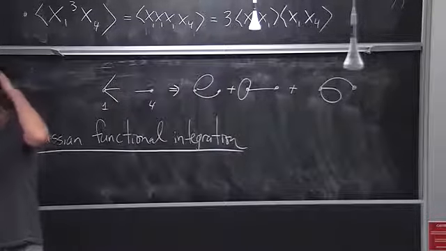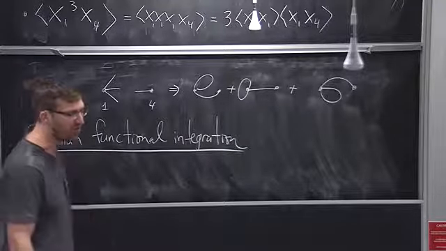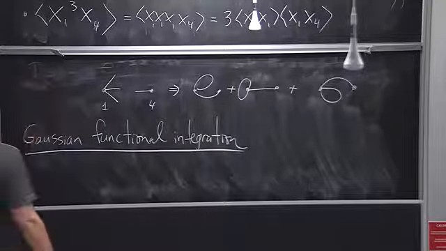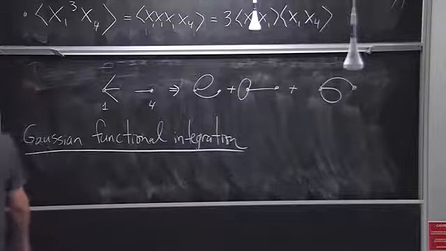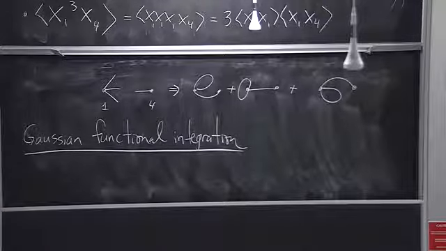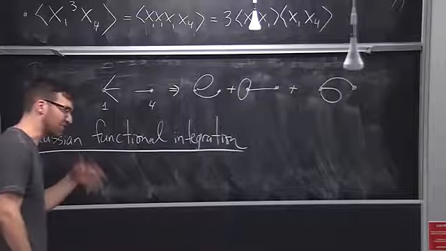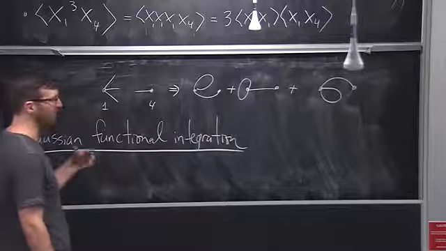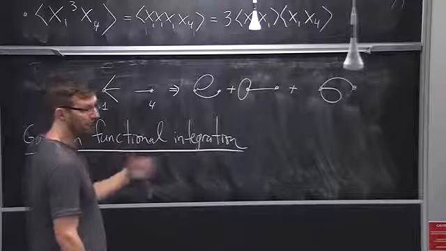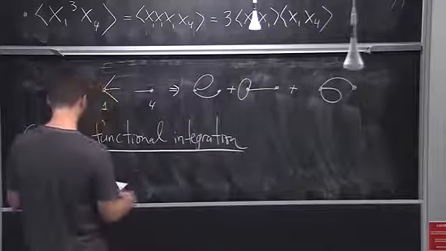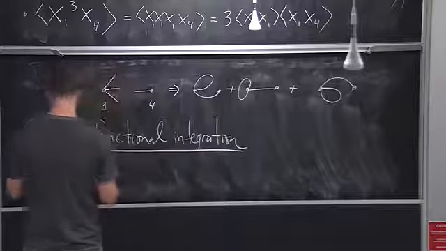We need to take our Gaussian integration of all these discrete variables and actually turn it into a Gaussian functional integration. But essentially nothing changes. It's just a matter of replacing this discrete vector of variables x with, say, phi of x or something like that. So it's just a matter of keeping your notation straight.